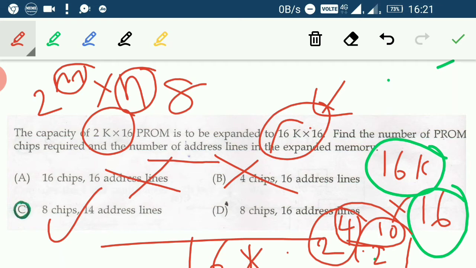So m is the address, not 16K. 16K I can represent in the form of 2 power 14. So m is 14. That m is the address lines, whereas n is the data lines. So we need 16 data lines and we have 14 address lines, and we need 8 such 2K cross 16 PROMs.